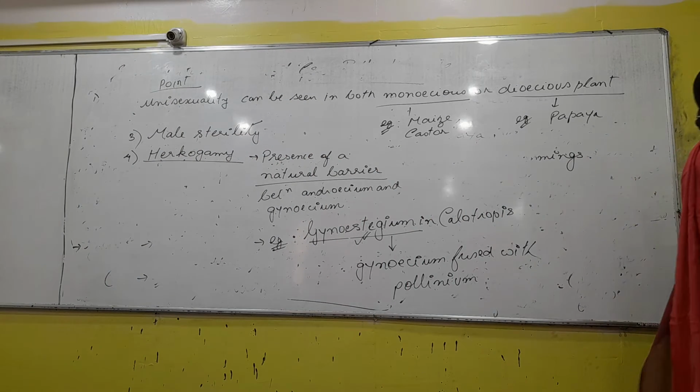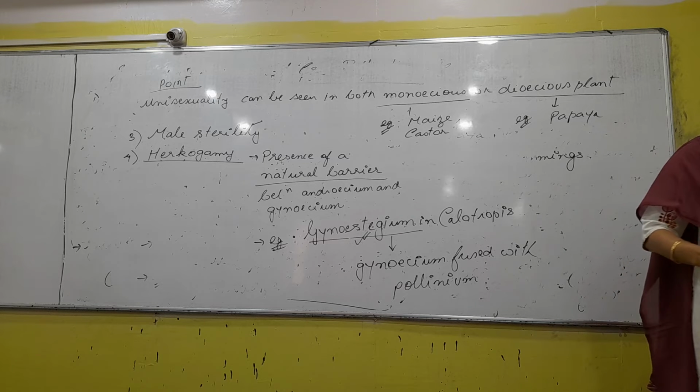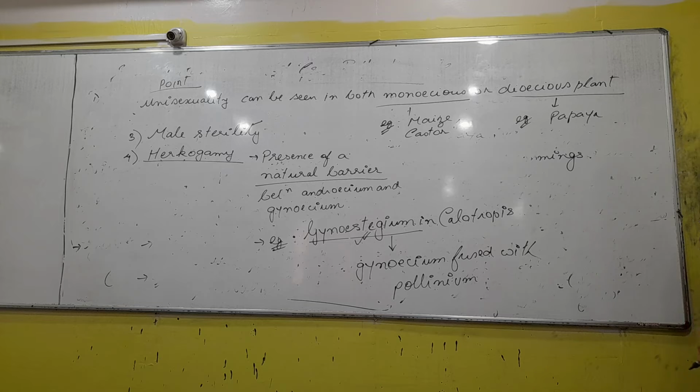So if suppose we are talking about a bisexual flower, right? A bisexual flower has male and female parts together, right? In spite of that, if they undergo cross pollination, normally in a bisexual flower there is self pollination, but if they have a natural barrier in the form of Gynosagium, then obviously self pollination is not possible.